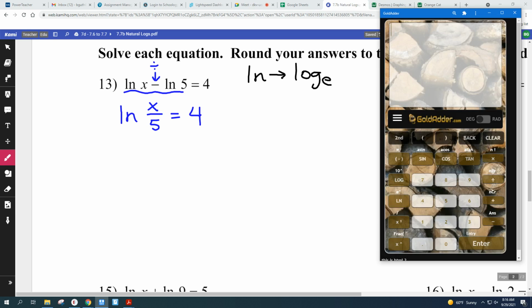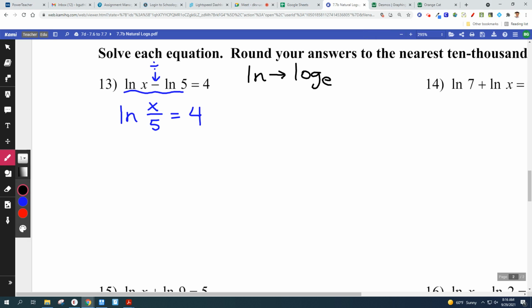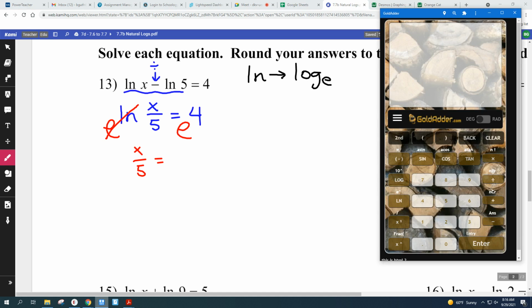What about e? Yeah, we're going to do a base e on both sides. And it looks super confusing on the left side, but the nice thing is that just cancels out. I'm going to have x over 5 equal to whatever e to the 4th power is, and that's why I want my calculator.